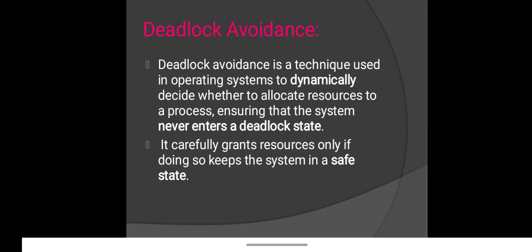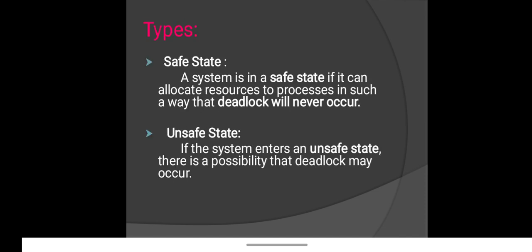And next one, deadlock avoidance. Deadlock avoidance decides dynamically whether the current resource allocation request will, if granted, potentially lead to deadlock. It requires knowledge of the future process requests. It has two types: safe state and unsafe state. What is a safe state?